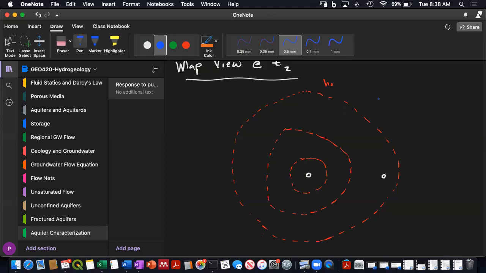So now I can draw flow paths of water that come to the well. And they should be roughly perpendicular to our contour lines.